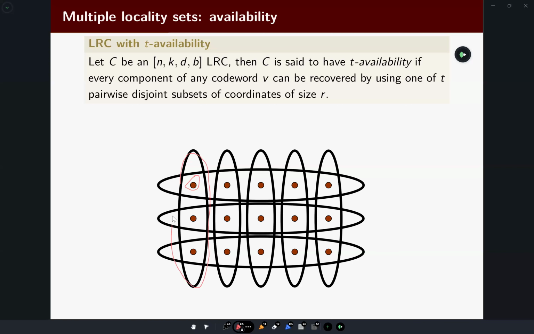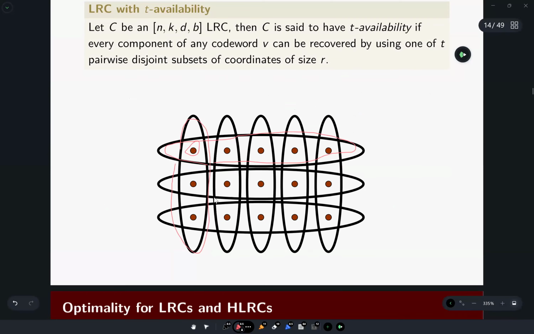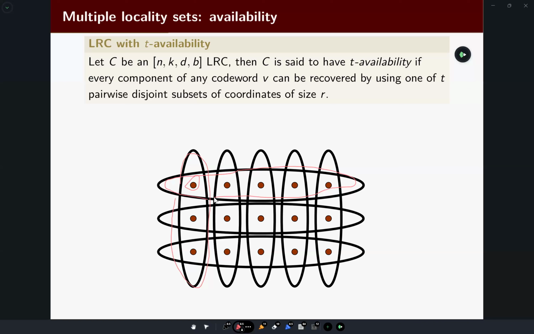So that even if we cannot access one locality set, we can use the other one and still be able to recover the element that is missing. In this case, the idea is to use orthogonal partitions, and the idea was used in one of the most important constructions, which is due to Tamo-Barg, and we will see it better in a few moments.